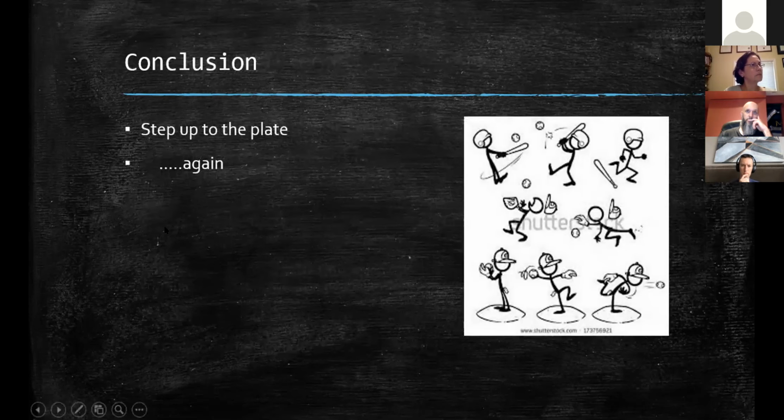Okay, and then the final thing I would say is step up to the plate and apply again. If you've been unsuccessful in the past, one of the things we've seen in our office is that if people are unsuccessful with one application but resubmit, they often succeed on the second or third try, particularly if their proposal is generally good, and if they meaningfully address the concerns of previous reviewers.